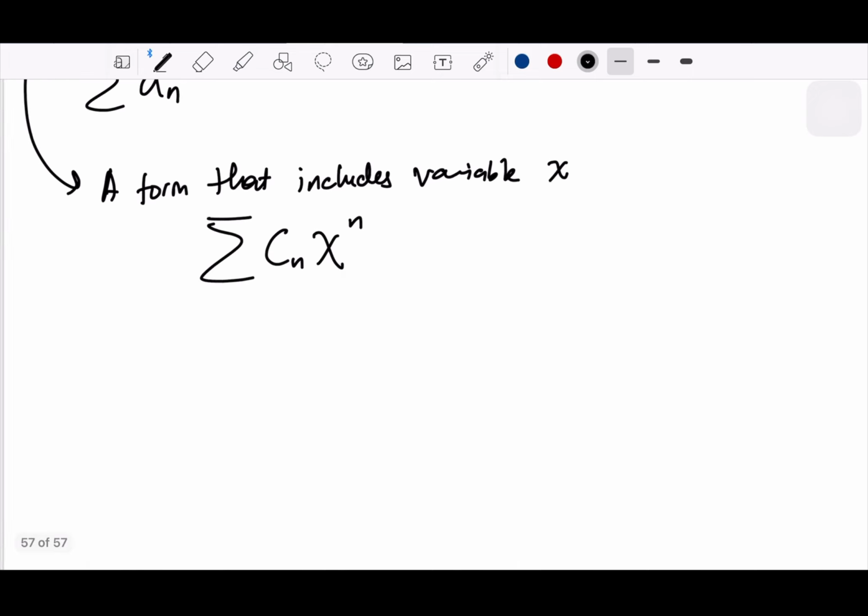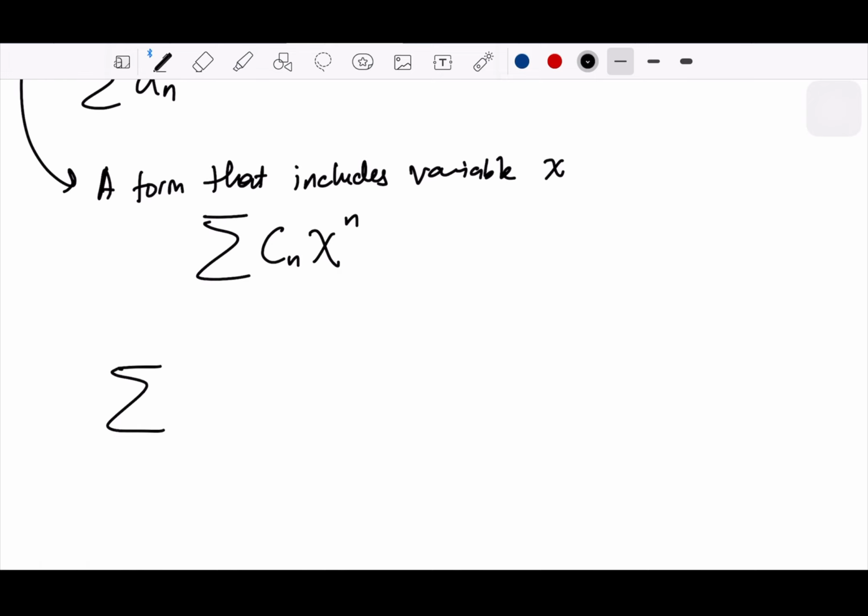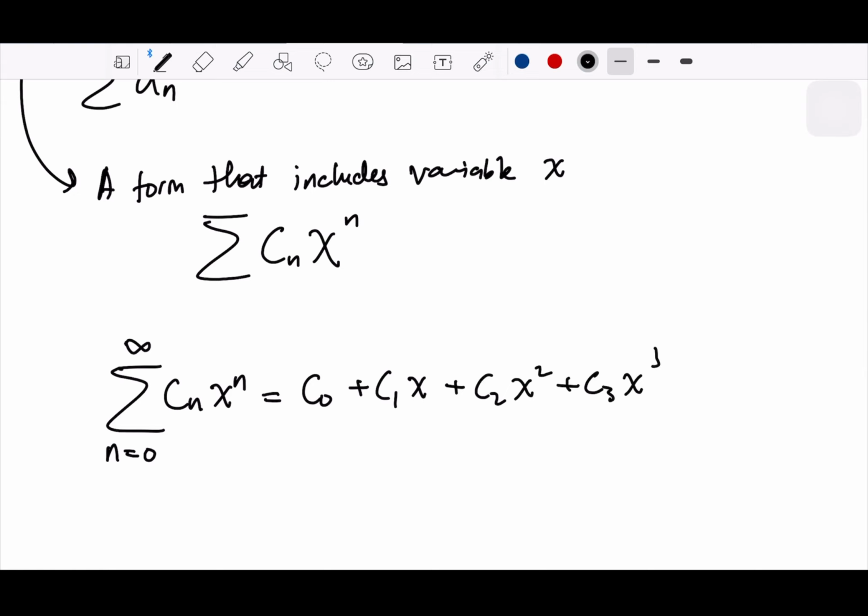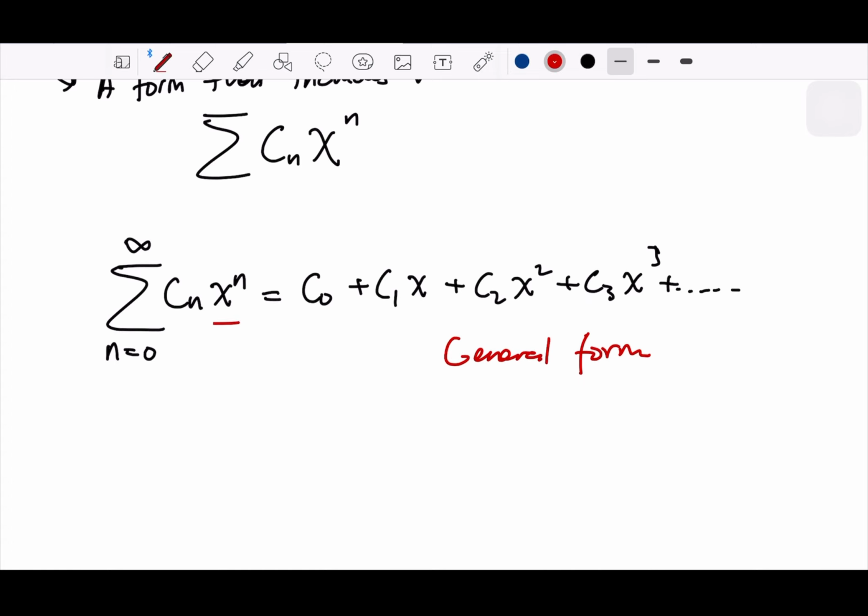And sometimes we can write it in a more general form, so this is a general form of power series. This is the variable x, and this is a constant c.